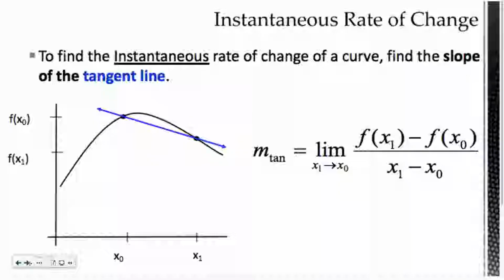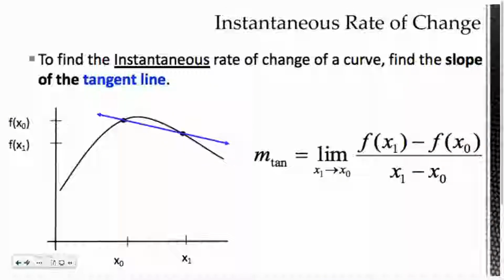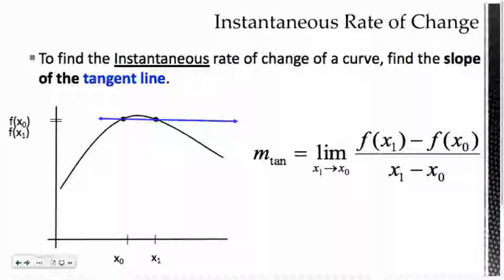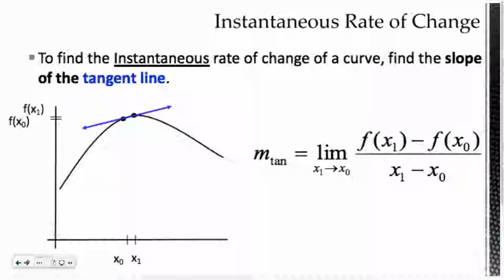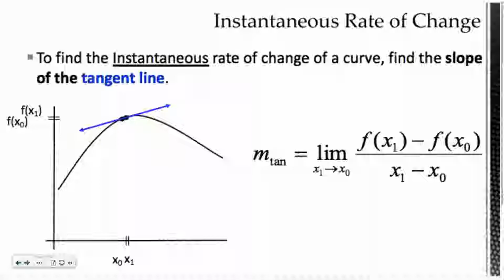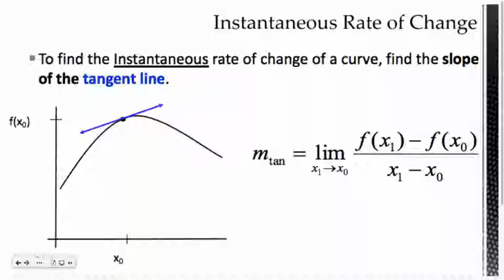As we take the limit, as x sub 1 approaches x sub 0, that means we are bringing those two x values closer and closer together. And we're doing so until they finally approach, boom, we have a tangent line. So when we took the limit of the slope of the secant line, we brought those two x values closer together until we approached what was now the tangent line.